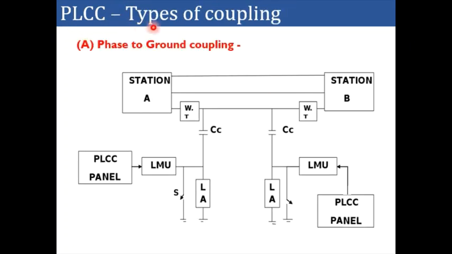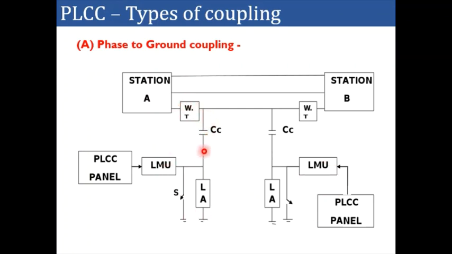Now let's see the various types of coupling we have in PLCC. The first type is phase to ground coupling. In this case we use one phase of the transmission line for transmission as well as reception.